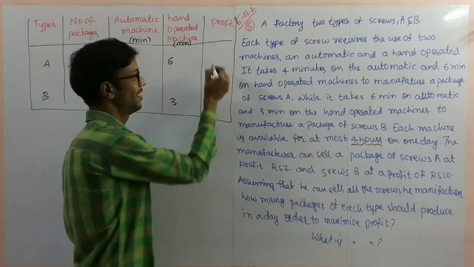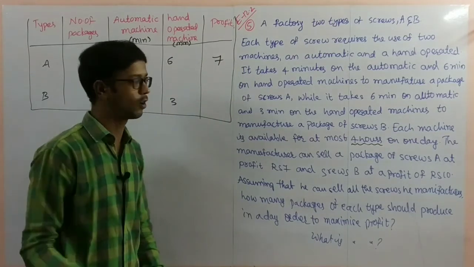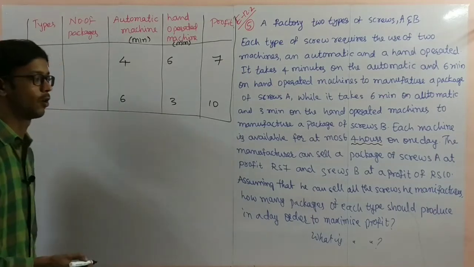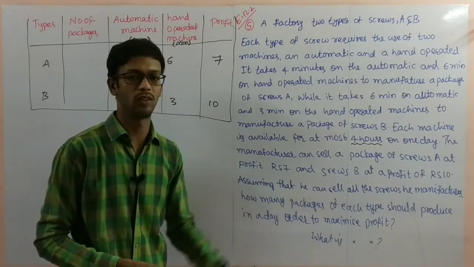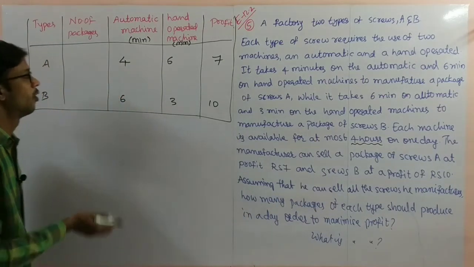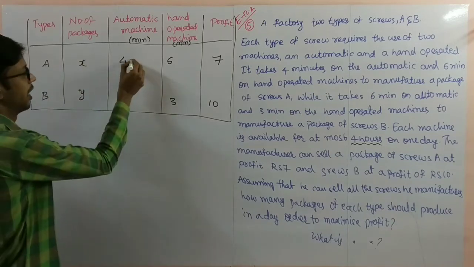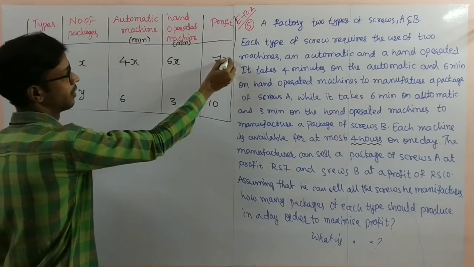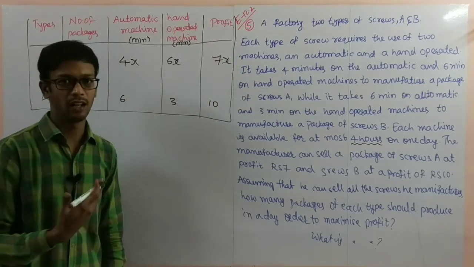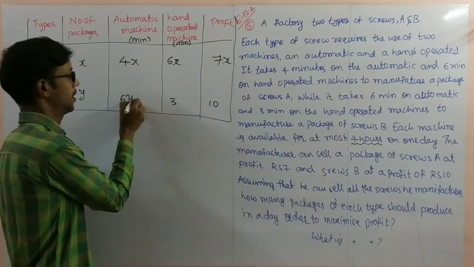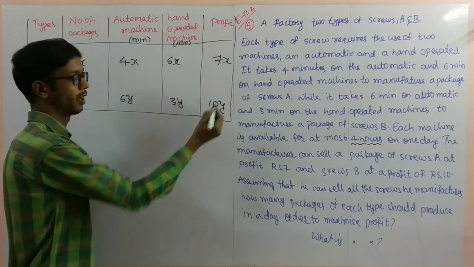And profit rates: type A is 7 rupees, type B is 10 rupees. So now I'll take X packages and Y packages. One package is given, so for X packages you multiply into X, and for Y packages you multiply into Y here.